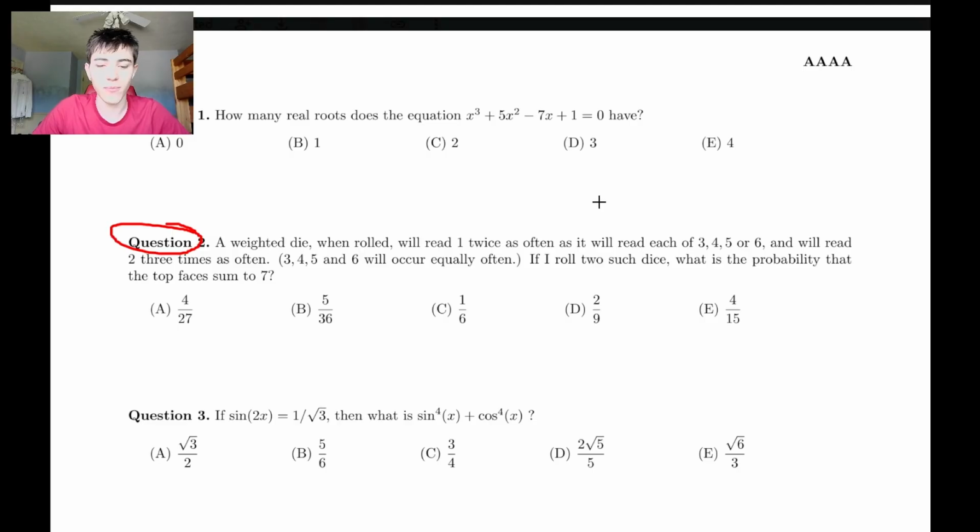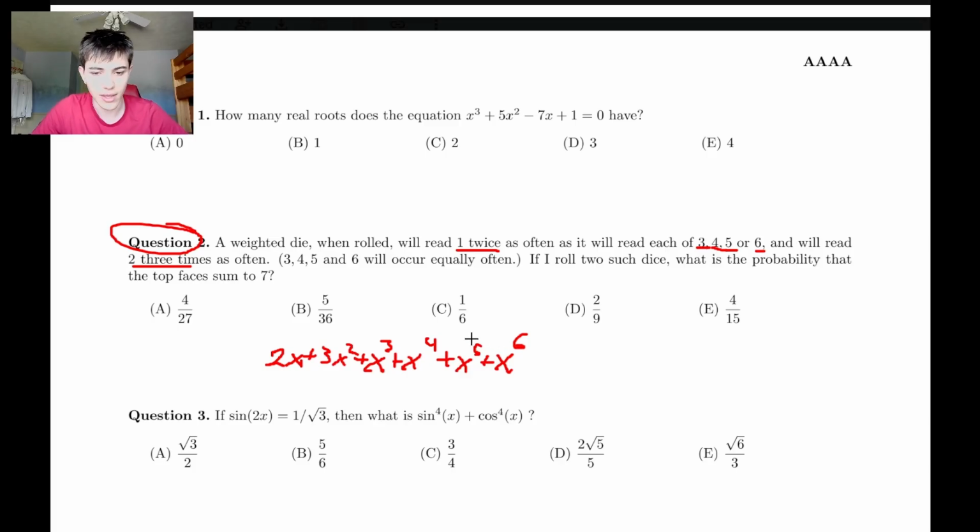And so what this means is that we consider the polynomial: 1 has weight 2, so 2x, and 2 has weight 3, so plus 3x squared, plus 3, 4, 5, and 6 are all equally likely, so plus x cubed plus x to the 4th plus x to the 5th plus x to the 6th.